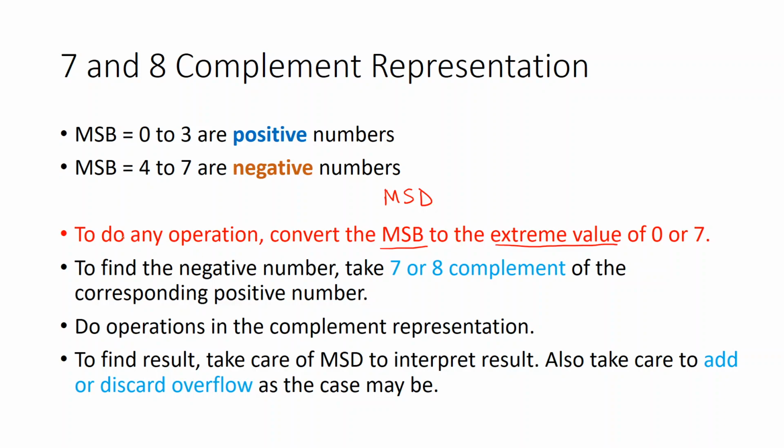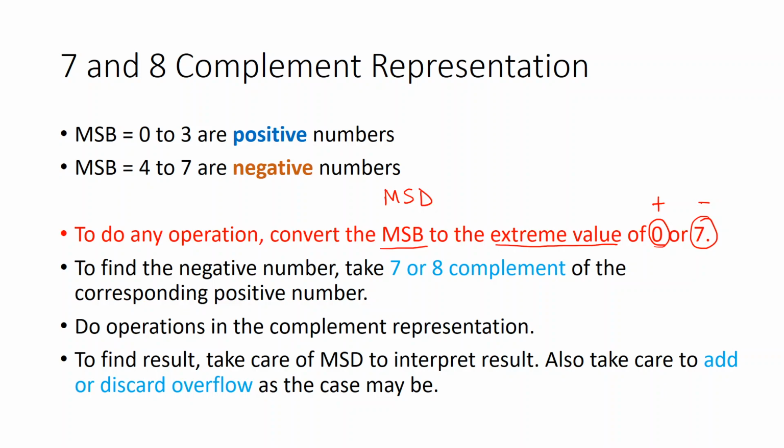If you want to do any arithmetic operation, you have to use the MSD either 0 or 7: 0 for positive numbers, 7 for negative numbers. So you have to extremize this. Otherwise, we have experienced that the result is not always giving the correct answer. However, if you keep them at the extreme digits, the result will always come out to be correct.